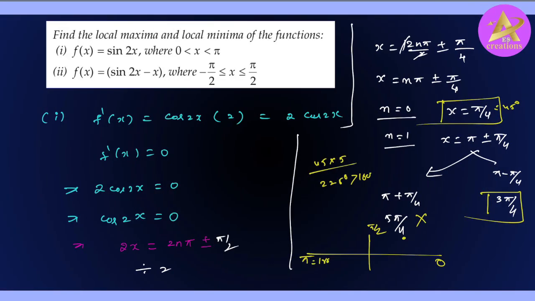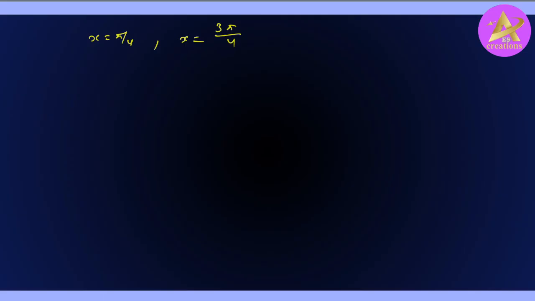I already told you n is any integer, so we can take other values also. If you take n equal to -1 or something, whatever values you get do not lie in between 0 and π. That's why we are taking only π by 4 and 3π by 4.